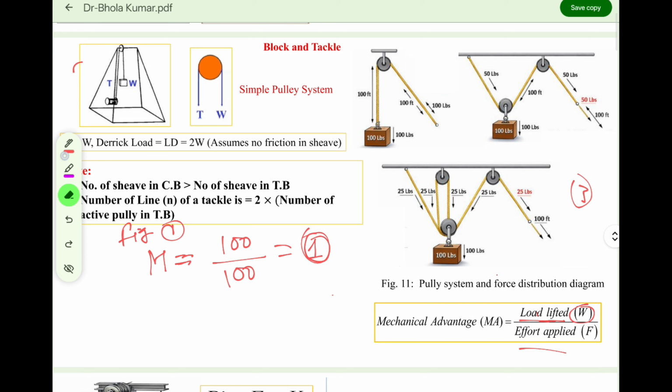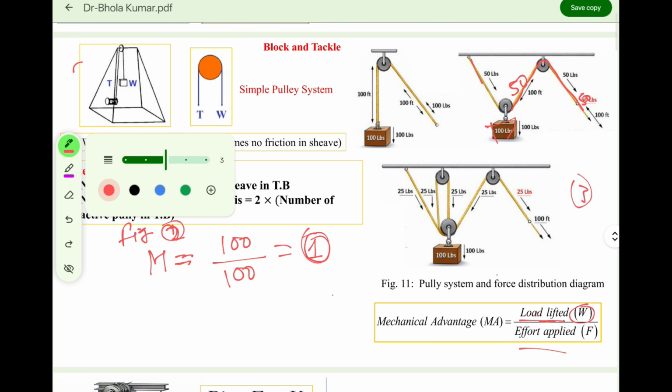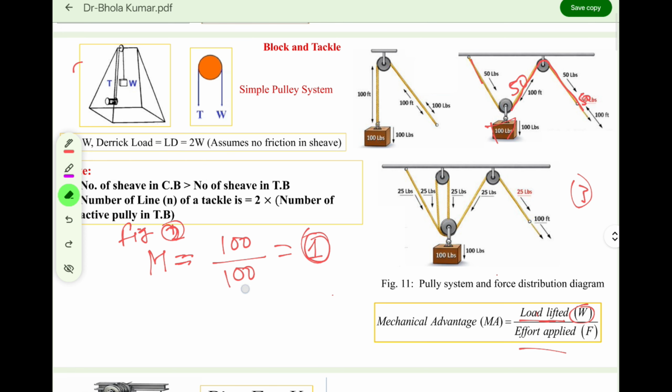This means this 100 Newton is divided into two parts, so this is 50 and this is also 50. So now you are applying only 50 Newton to lift the 100 Newton. Are you getting my point? Right? So if I have to write for figure 2, the load is still the same, 100, but you are applying only 50 Newton.